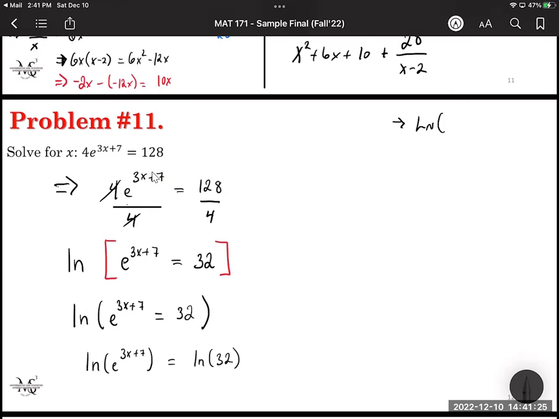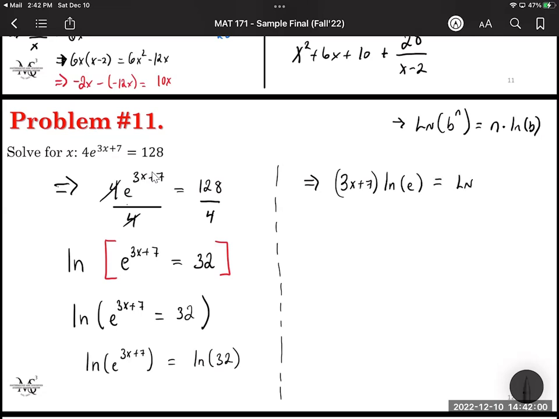If I have ln of some base b raised to a power n, I can always move n in front of the ln. That's what the power rule states. So the power rule allows me to take n, whatever my exponent is, and stick it in front of the ln. Rewriting that equation using this power rule, we have 3x plus 7 in front of the ln of e equals ln of 32.